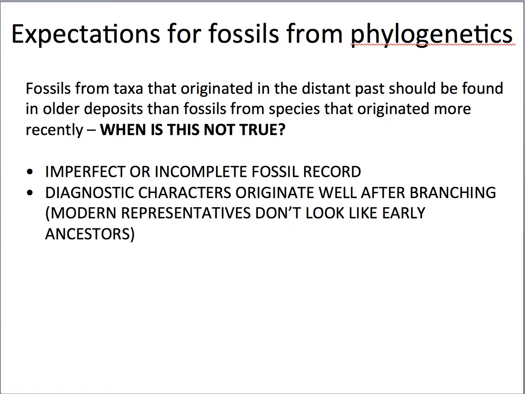And so the modern D doesn't look like what its ancestors looked like at that early branching time. And that does happen. There are many examples of that. So we can have these expectations for fossils, but we also know that those expectations can be broken.